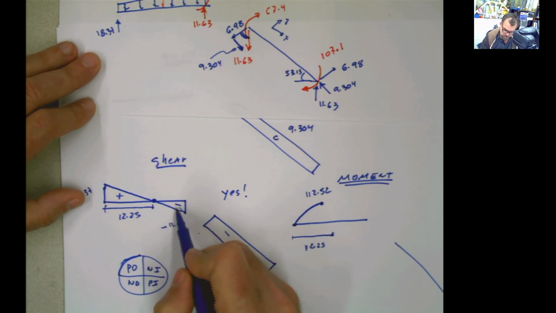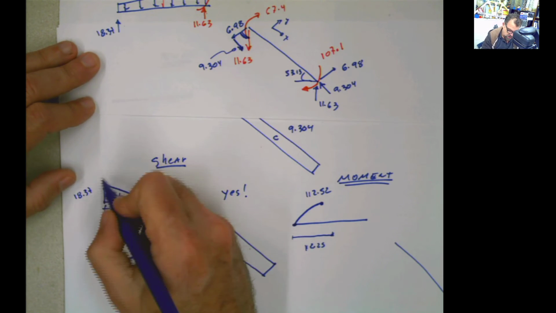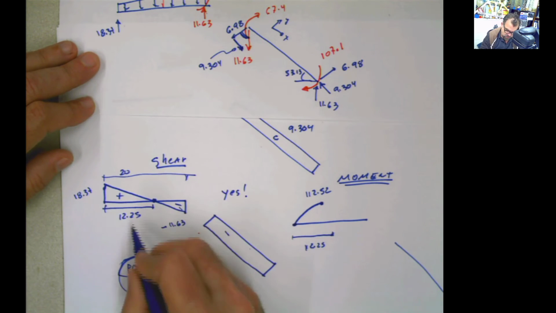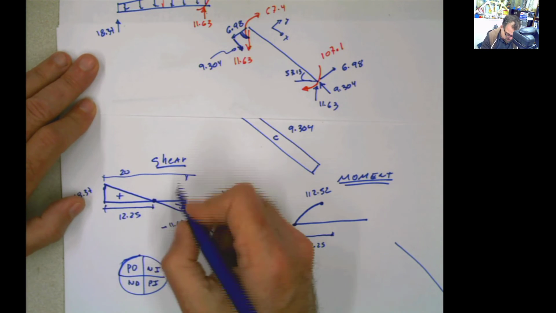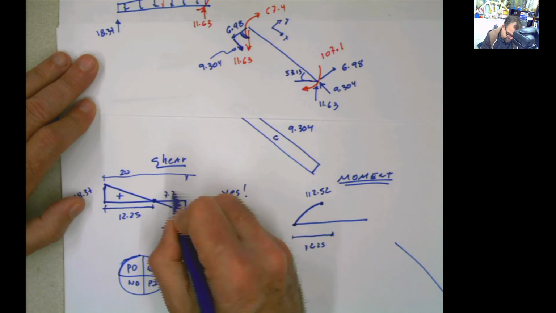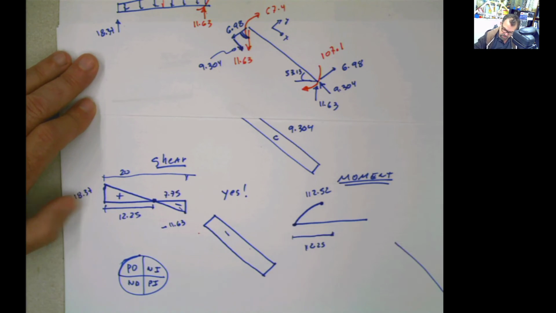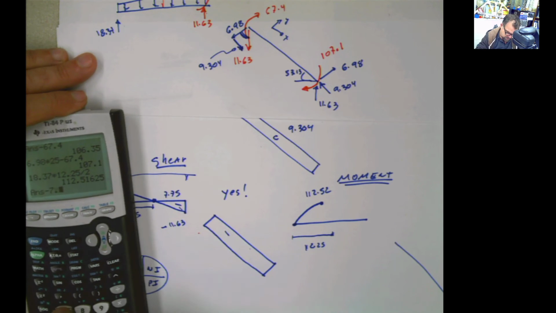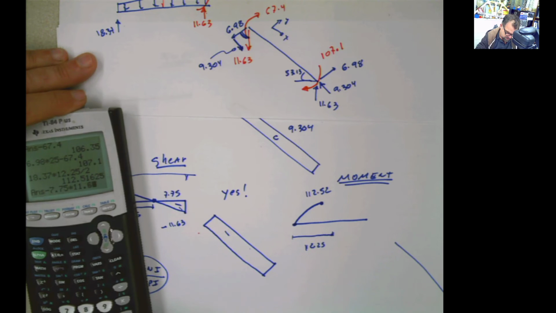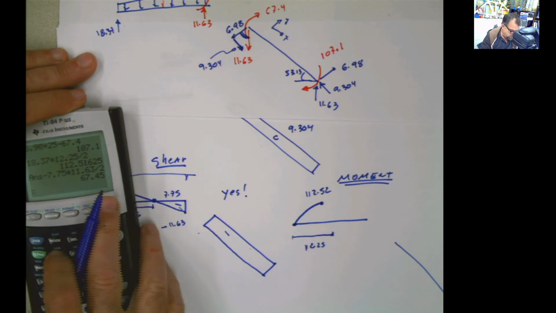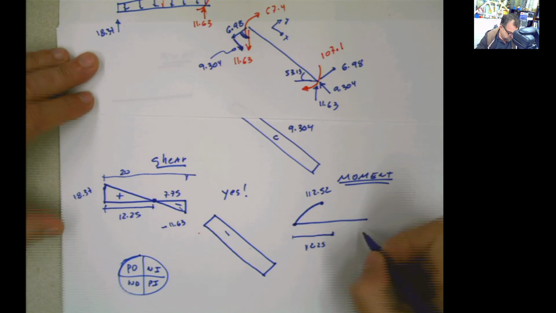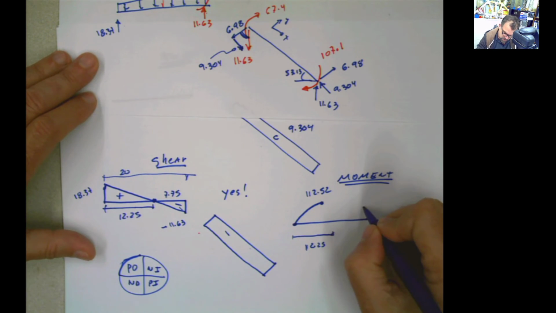Now for the other part, if the total distance was 20, and this is 12.25, then this other distance is going to be 7.75. I had that 112.52 minus this area, minus 7.75 times 11.63 divided by 2, and that's going to be 67.4. So I'm going to reach this point, positive 67.4.